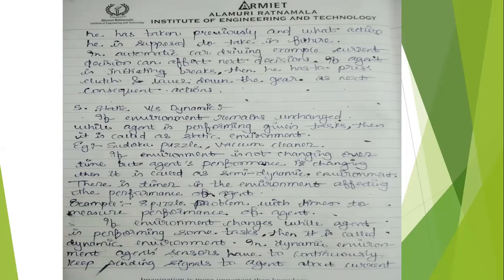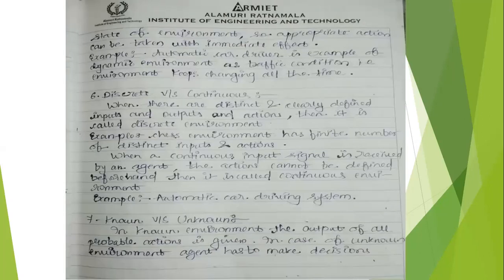If the environment changes while the agent is performing some task, then it is called a dynamic environment. Okay. In a dynamic environment, agent sensors have to continuously keep sending signals to the agent about the current state of the environment, so appropriate action can be taken with an immediate effect.